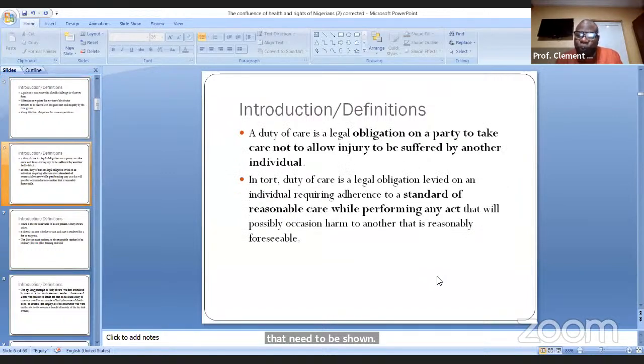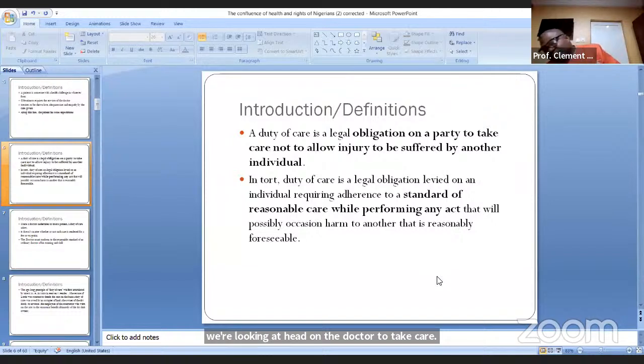Now, we look more at the duty of care. I've just said that we owe the patient a duty as doctors. A duty of care is a legal obligation on a party, in this case on the doctor, to take care not to allow injury to be suffered by another individual.